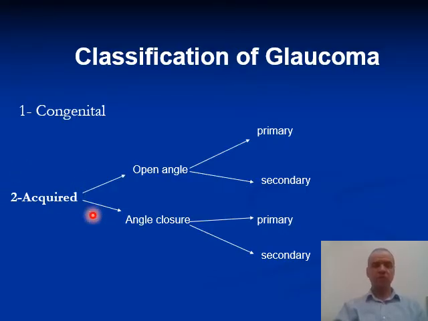For this reason, we should check the intraocular pressure for any patient visiting our department after age of 40. It can be open angle or angle closure glaucoma, and each one of them can be primary, meaning just glaucoma without any intraocular disease, or might be associated with intraocular disease, so it is called secondary glaucoma.